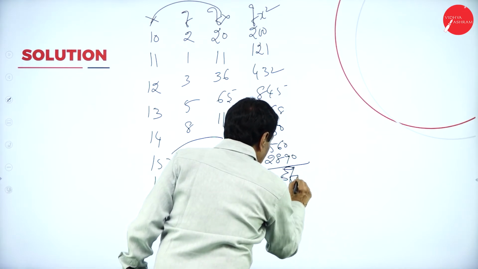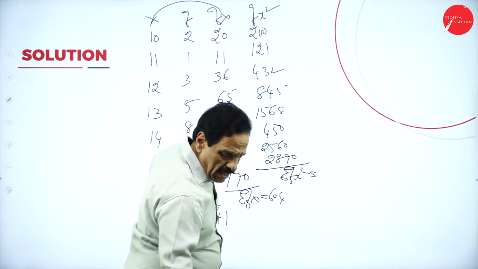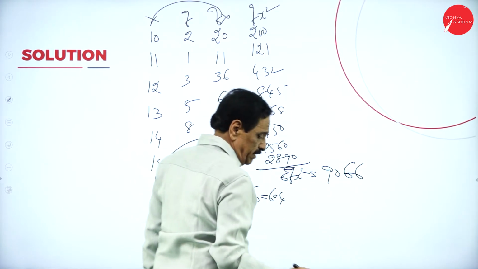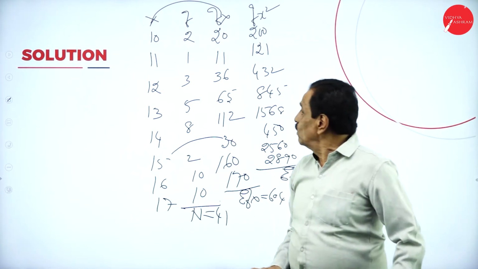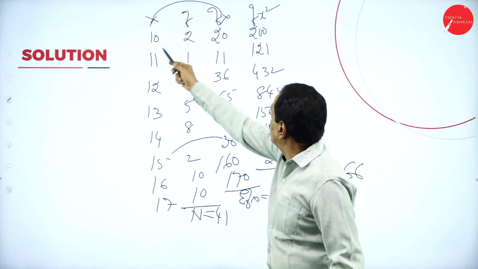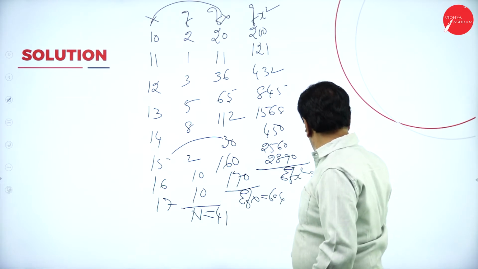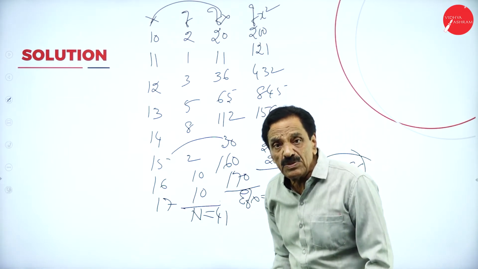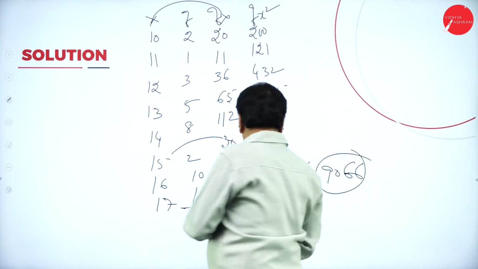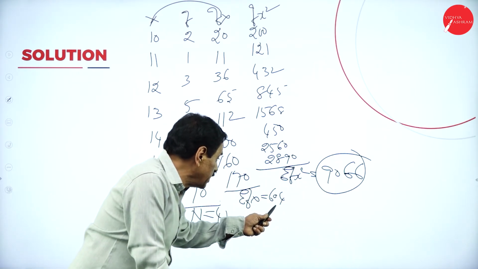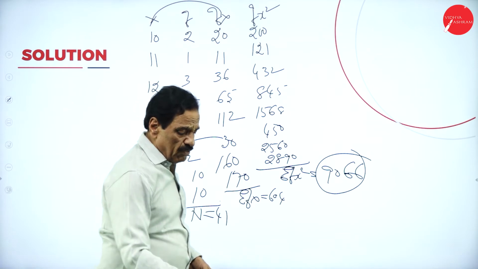Sigma fx square is 9066. Sigma fx is 604. N is equal to 41.